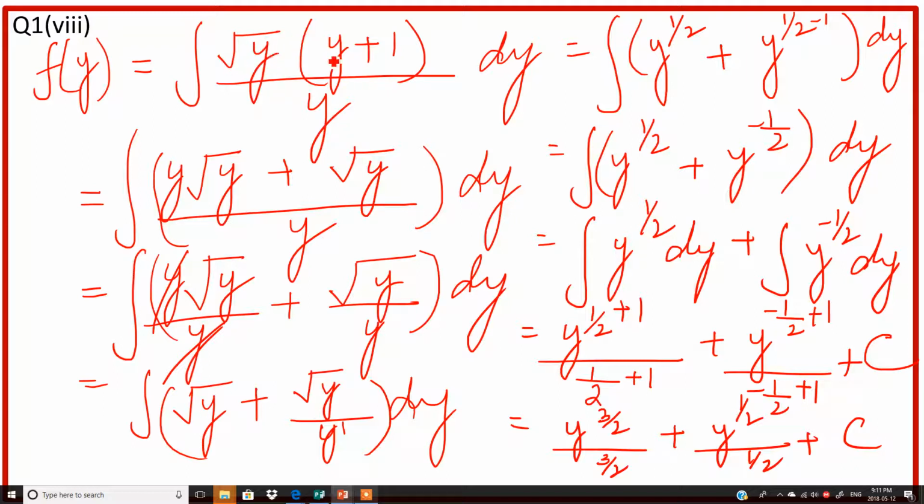It means first we have to multiply this under root y individually with what we have inside the parenthesis, and then we have to follow the same steps, right? This y, you have to divide each term individually by this y. And how do we remove this integral sign? By adding 1, right? When we add 1 in this step, we have to add the constant of integration.